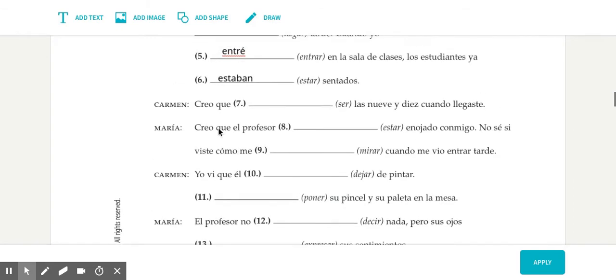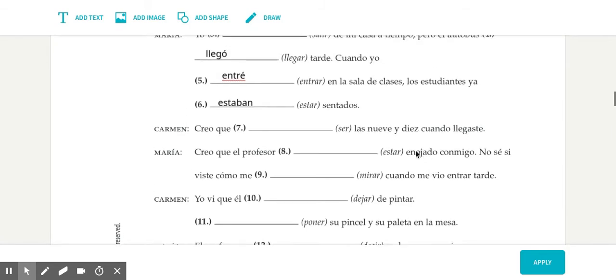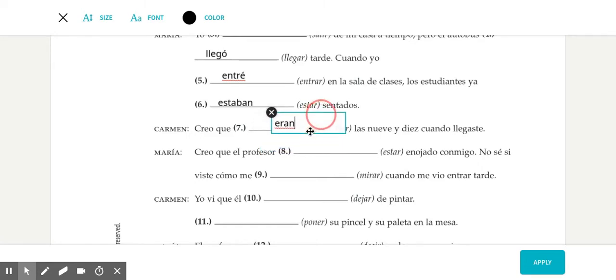Carmen dice, creo que las 9:10 cuando llegaste. I think it was 9:10 when you came. Well, when you give the time, you need to use the imperfect if it's in the past. So eran las 9. It was 9:10. Eran las 9:10.